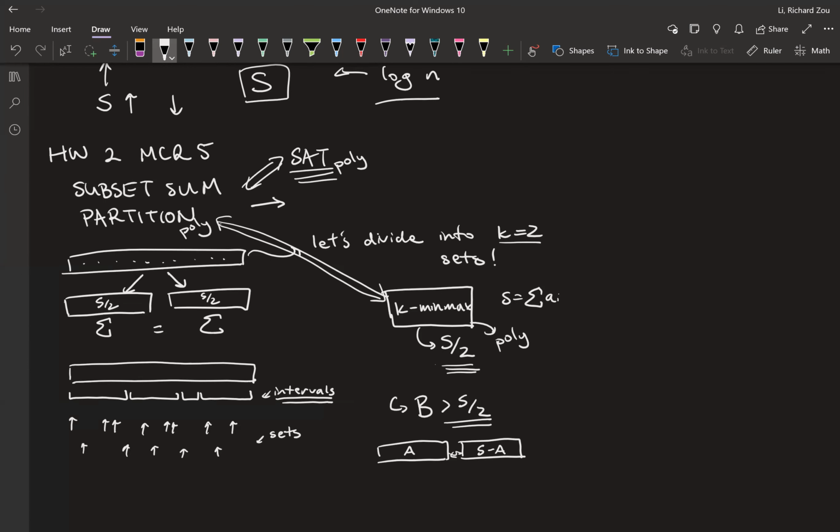We do not know, at least, of a polynomial time solution to solve it. If there is a polynomial time solution for this problem, then there has to be one for SAT.